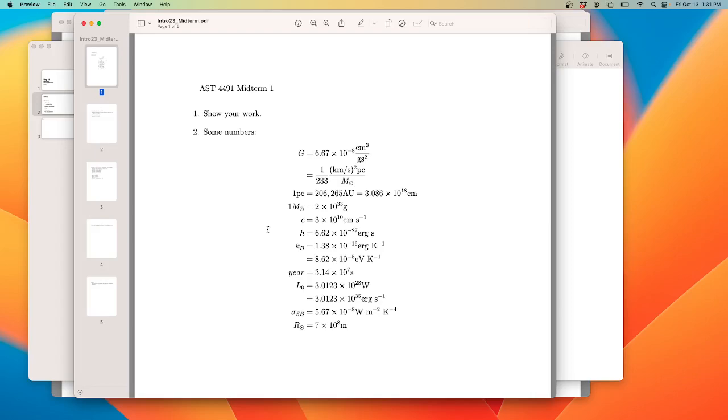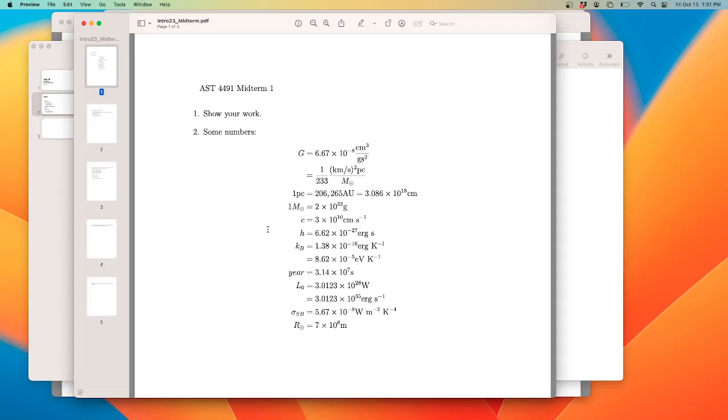I got it backwards, that's why I looked it up. So the bolometric magnitude is just minus 2.5 times the log base 10 of the total luminosity over this fiducial luminosity.